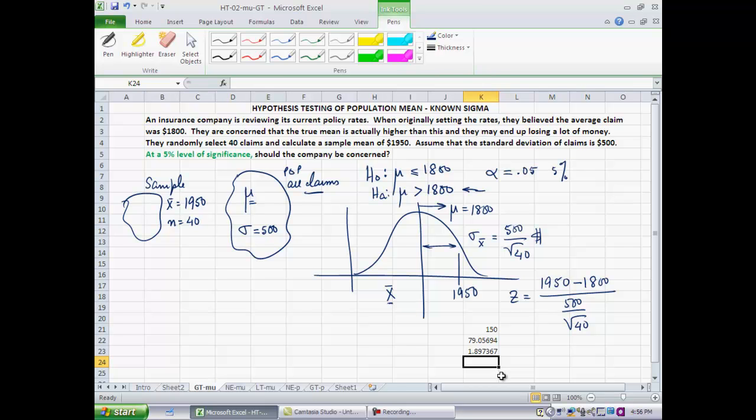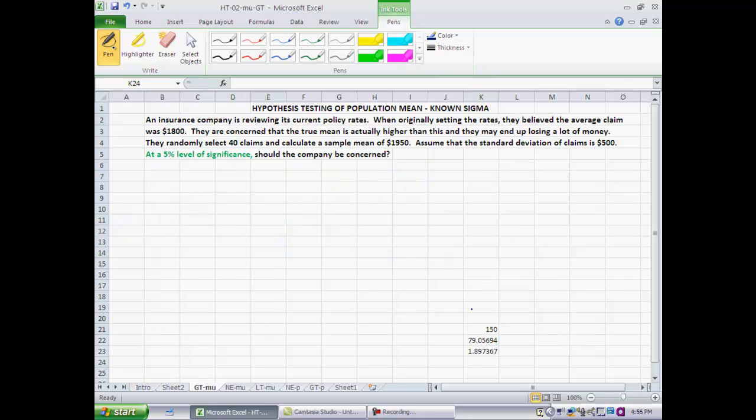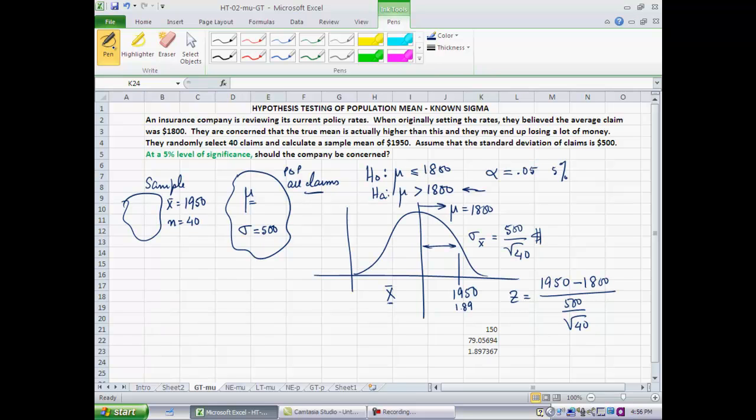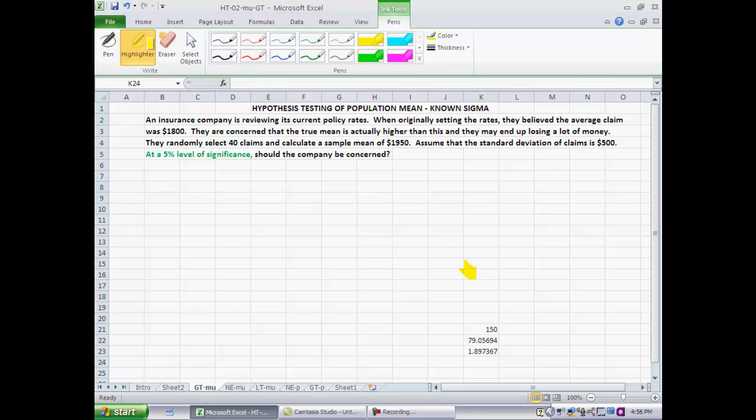So what we are seeing here is that the sample statistic that we got, the $1,950, is 1.89 standard deviations to the right of the center. Okay, so how likely is it to get at least that extreme a value?